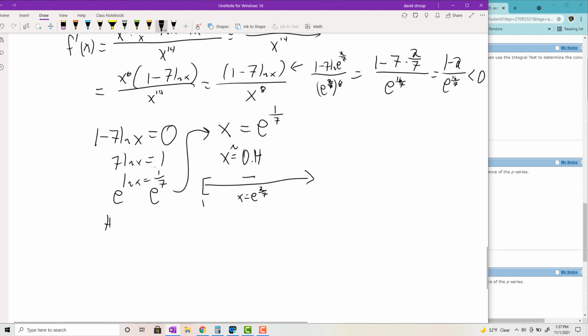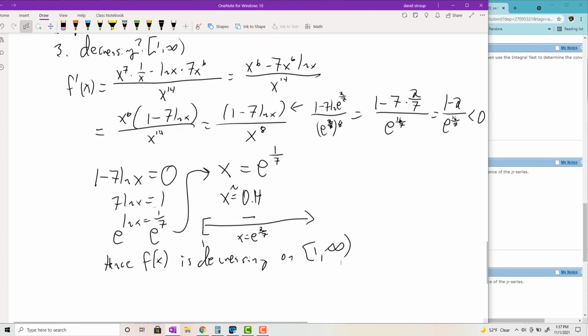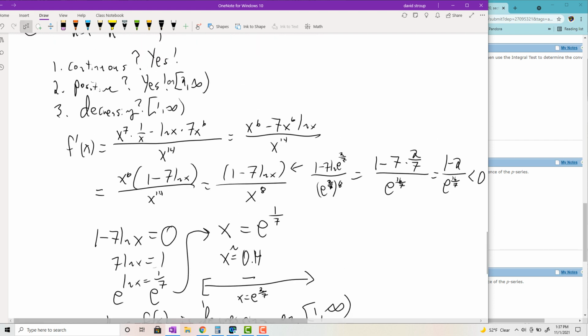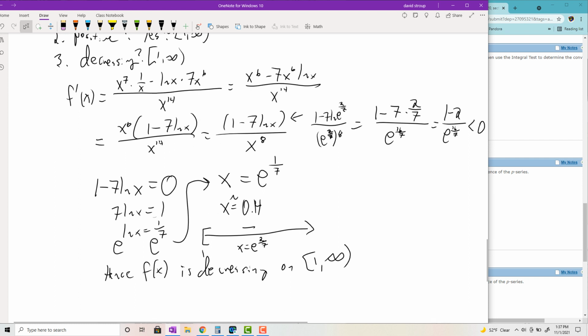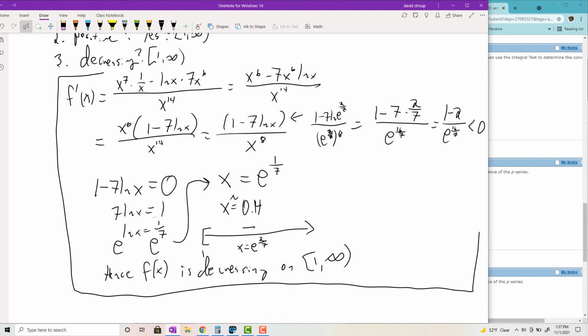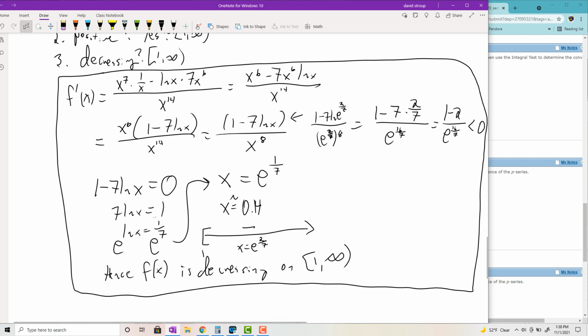So hence, f of x is decreasing on the interval from 1 to infinity. So you definitely have to do that kind of analysis on the derivative to show it's decreasing. It becomes like a Calc 1 problem where you find the derivative, get the critical points, do your number line, and find the sign of the derivative. It should be negative if it's decreasing, and then you can make your conclusion.